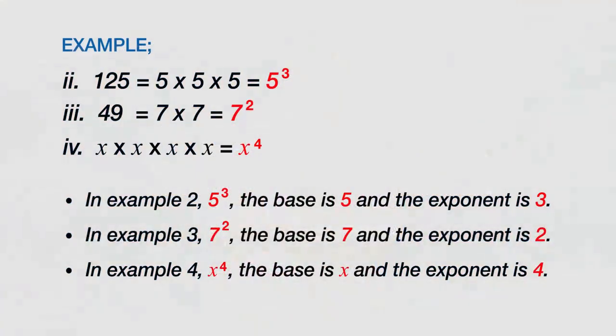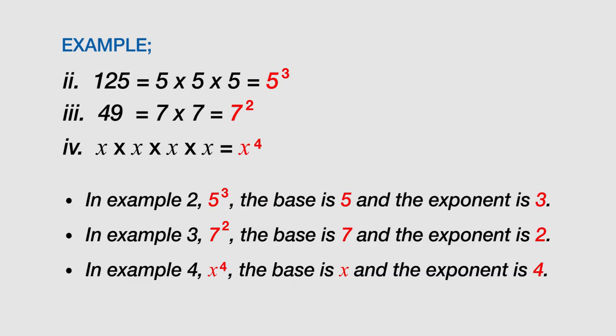Can you find the exponent and the bases from the following examples? Examples 2, 3, and 4 that we mentioned earlier. Very good. Now you will see that in example 2, 5 to exponent 3, the base is 5 and the exponent is 3.